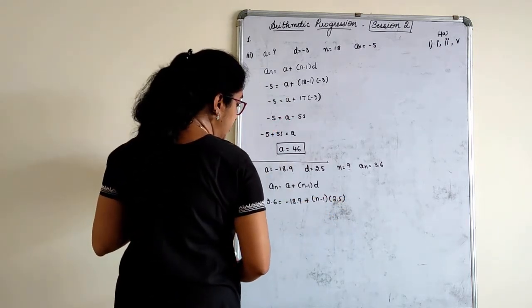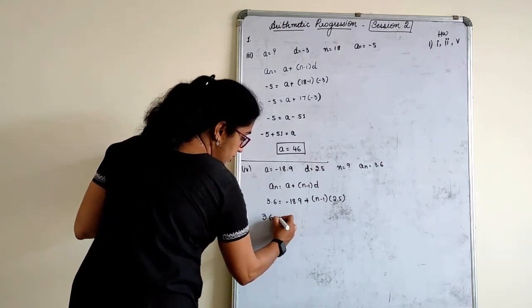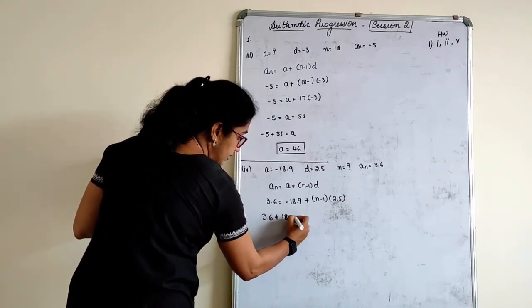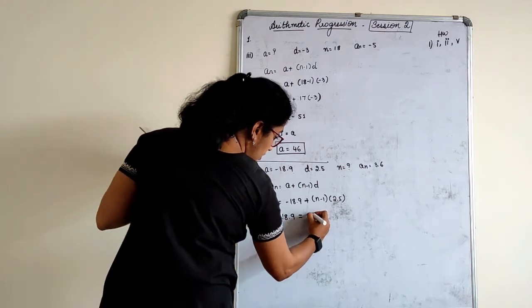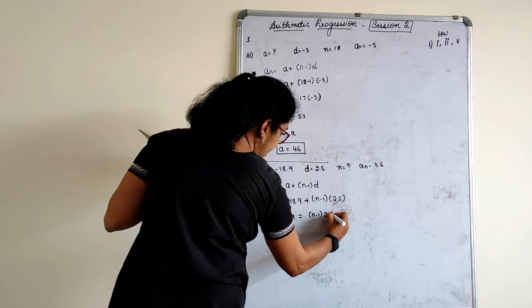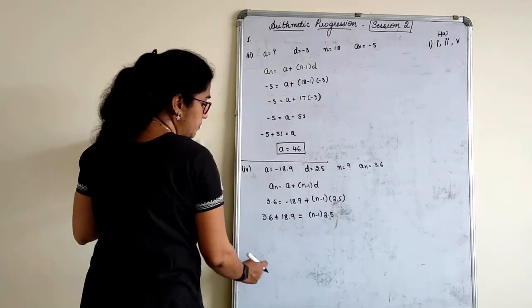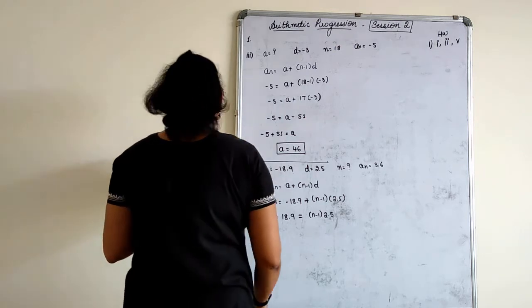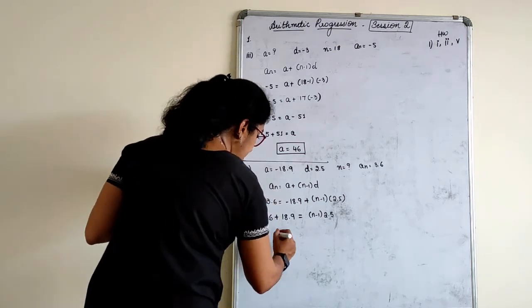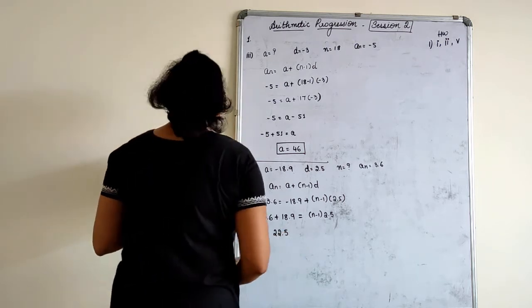Transpose 18.9 to the other side. That will be 3.6 plus 18.9 is equal to (n minus 1) times 2.5. Do not multiply the bracket. Why, I will tell you. We'll make it much simpler like this. 3.6 plus 18.9 will give you, in the addition, 22.5.